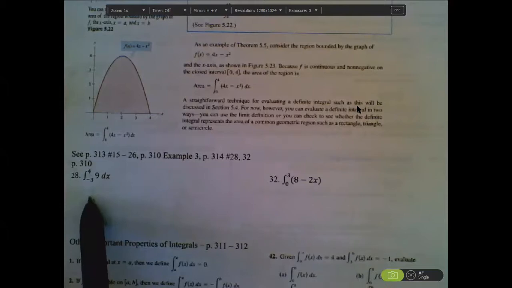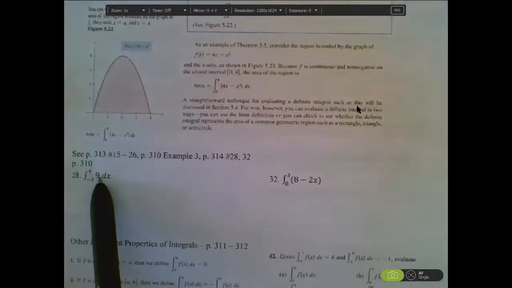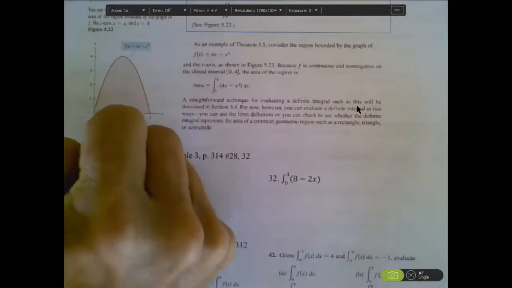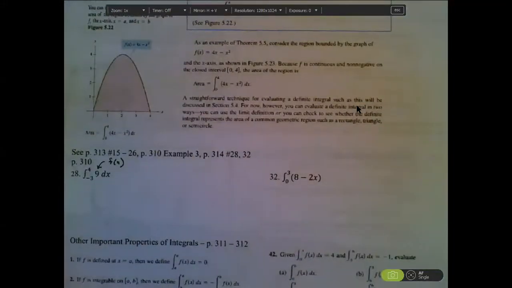For example, number 28, I want to find the value of the definite integral from -3 to 4 of the function 9 dx. This is my function. It's just a constant function, 9.